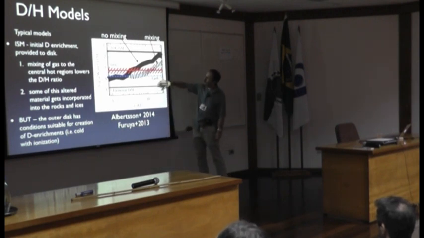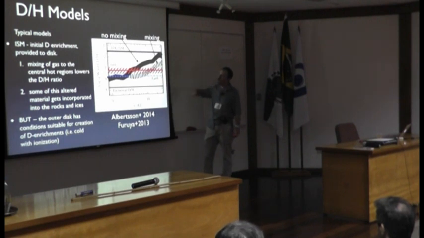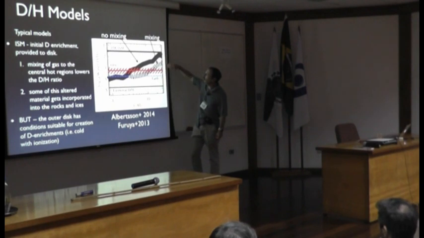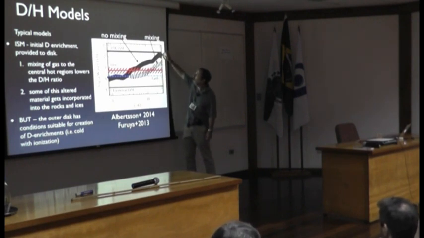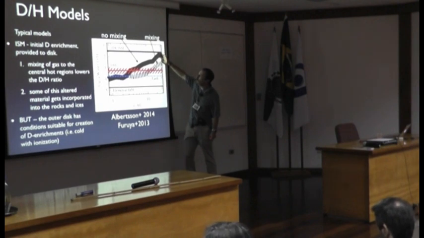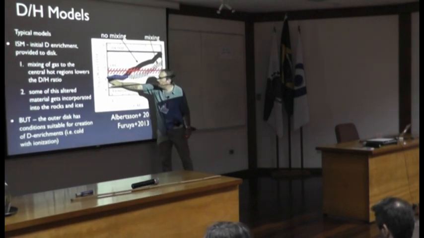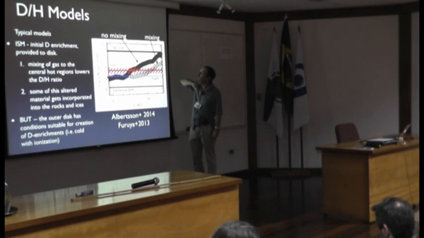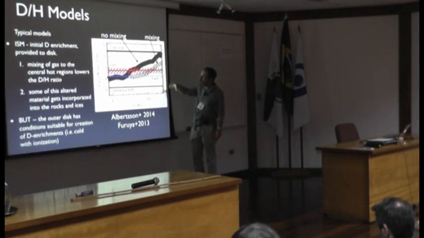So in this plot, these are models where they include the chemistry and the mixing and so forth. So the typical model is that you start out with a high interstellar D/H ratio, and then you just mix it, or you bring it down via just hot temperature chemistry or reprocessing of the deuterium. All right.